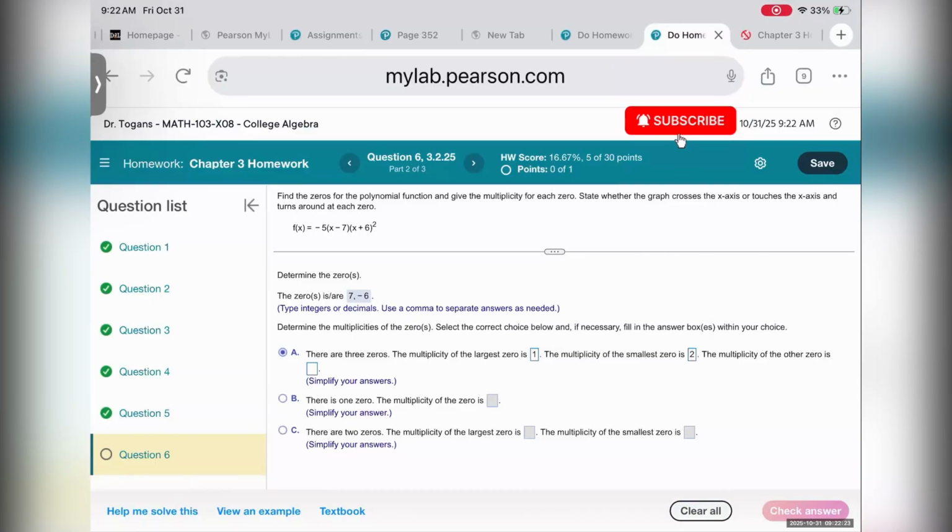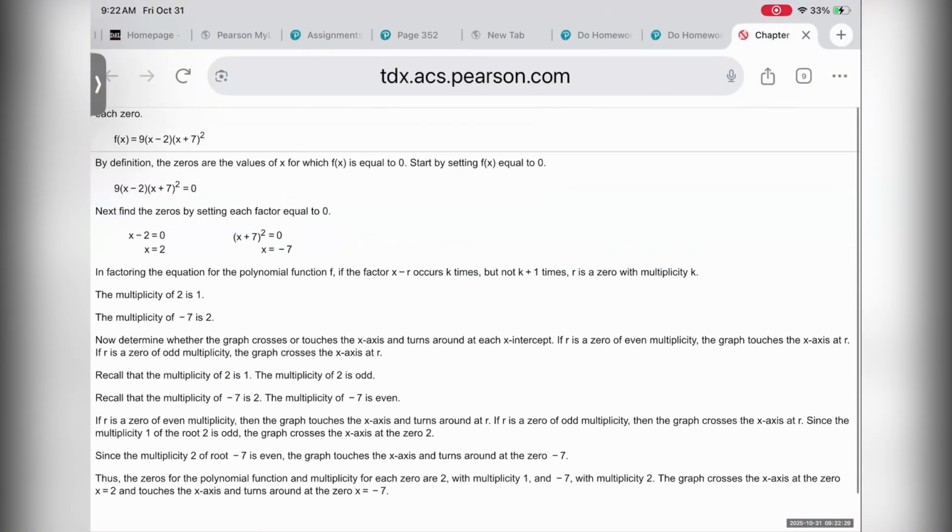So would that mean the multiplicity of variables of two? Look at the example again. I'm not sure. What does it say here? The zeros of the polynomial are 2 with multiplicity 1, and then -7 multiplicity 2. I think it might be 2 zeros instead of 3.